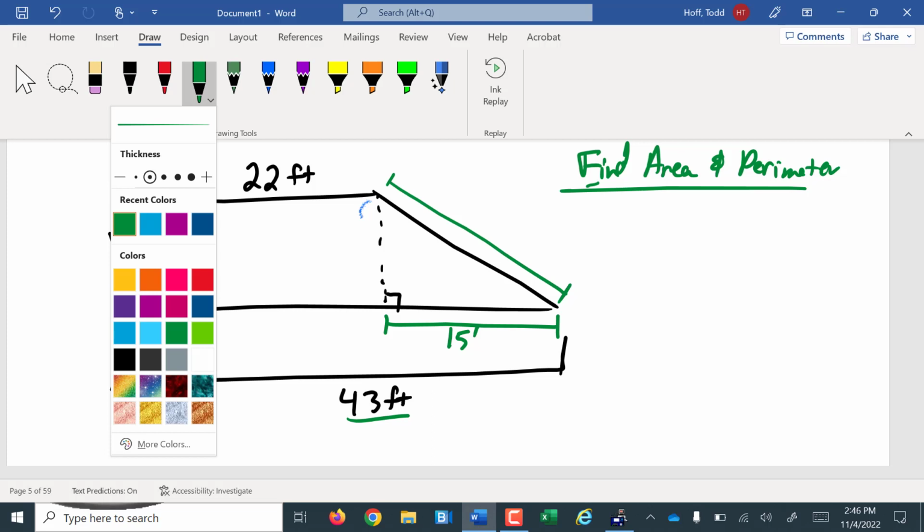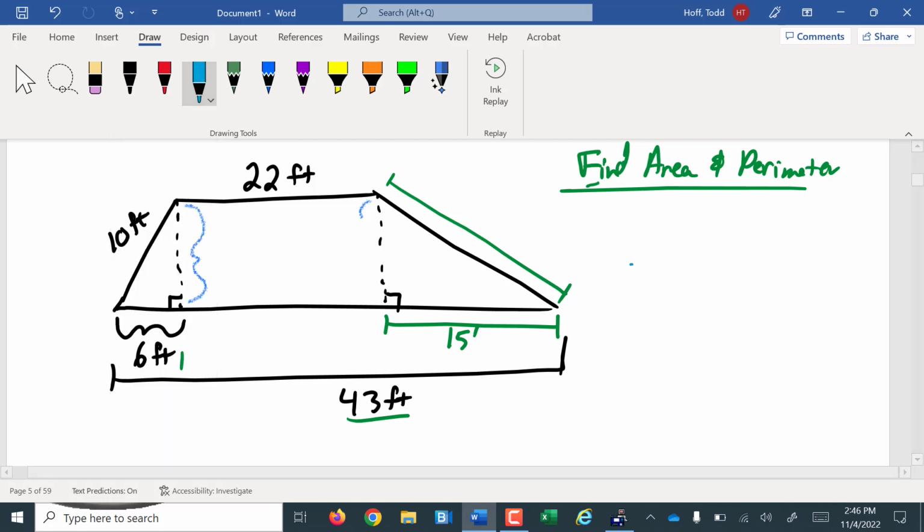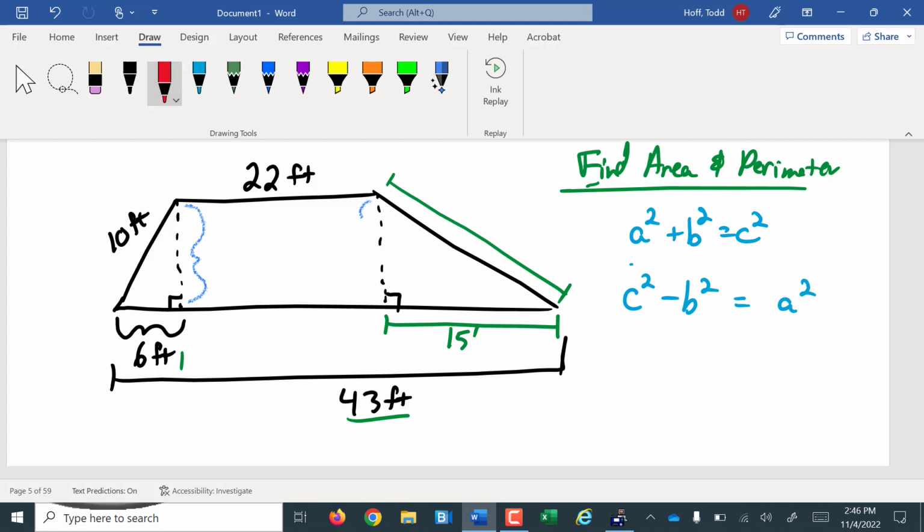So for that, we're going to work backwards. If a squared plus b squared equals c squared, then c squared minus b squared equals a squared. What's the hypotenuse of that triangle? 10. So 10 squared minus 6 squared, and then we'll square root that to find a.